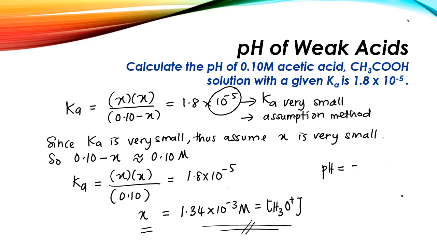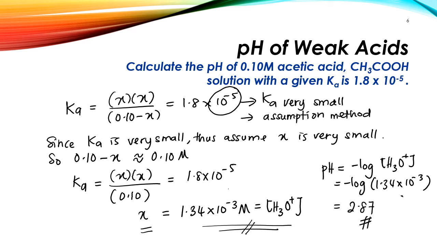That is, pH equals negative log of the H3O plus concentration. Substituting the value, negative log of 1.34 exponent negative 3 equals 2.87. So that is the pH value for the acetic acid.